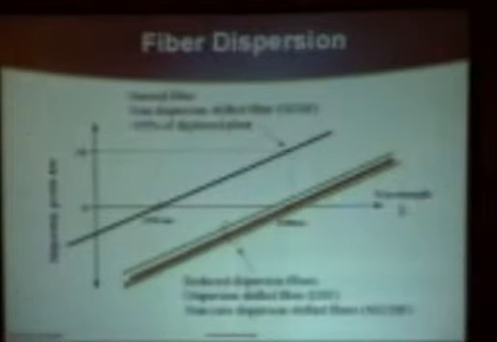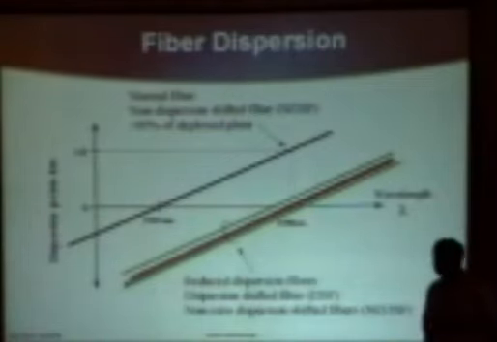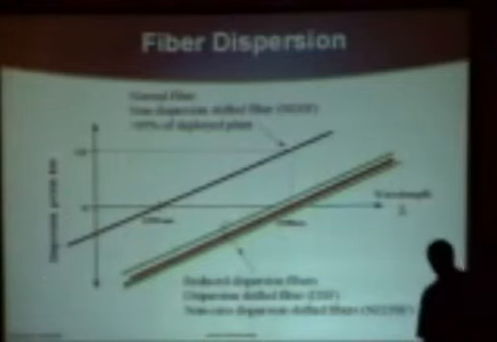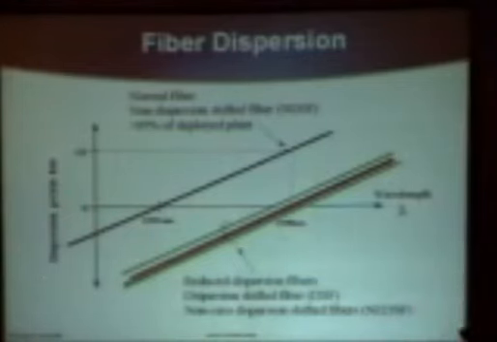The other important part to know about fiber is, in addition to, from a mathematical point of view, the real part, which is the attenuation, there's the imaginary part, or the dispersion. These lines are the velocity, if you will, of different wavelengths of light. And it is not the same for all wavelengths. And there's two kinds of fibers. This is the original fiber that 80 or 90% of the world is full of, called standard, non-dispersion shifted fiber.